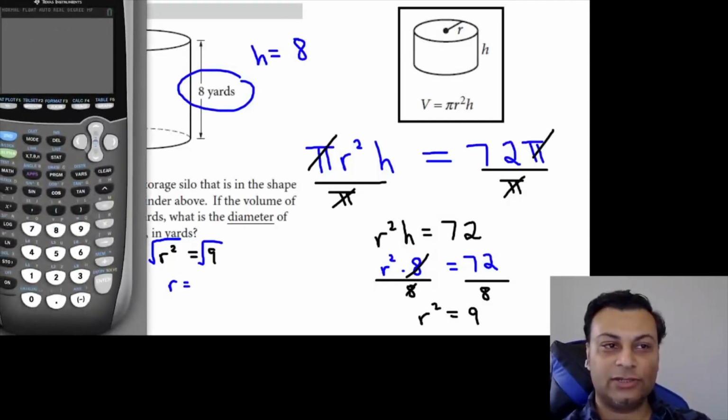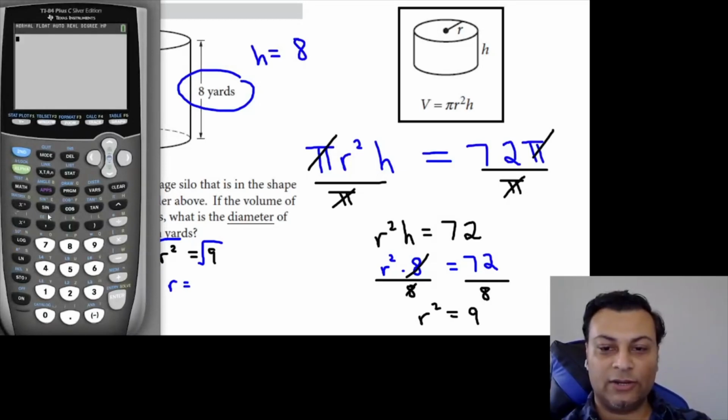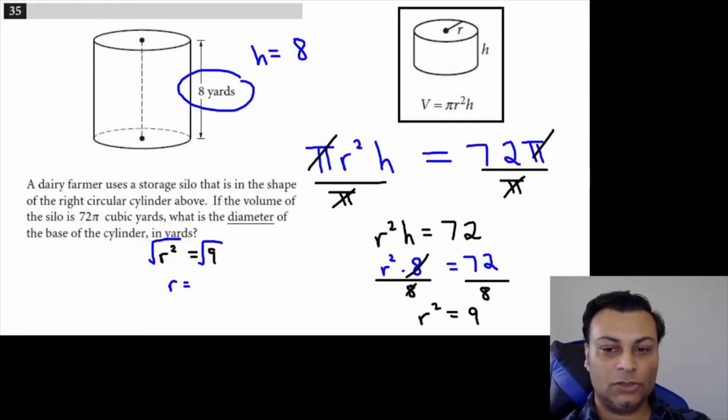There's no advantage to doing it without a calculator, so square root of 9 is 3. So r is 3. That is the radius. The question's not over. The question's asking us for the diameter. And diameter is 2 times the radius.